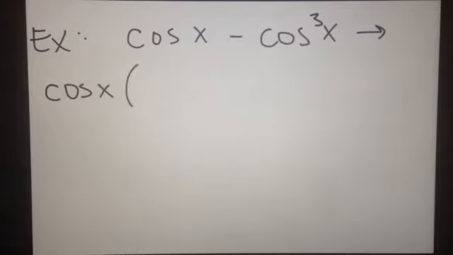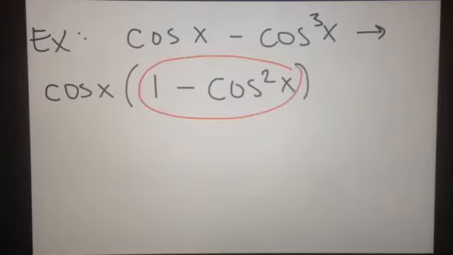factor this out, the first one, cos x divided by cos x, means that there's 1 in the first spot. And cos to the third x divided by cos x means that there's a cos squared x left over. Hopefully you'll recognize that this part inside the parentheses is one of those Pythagorean identities. And so what I have inside the parentheses now is actually sine squared x.